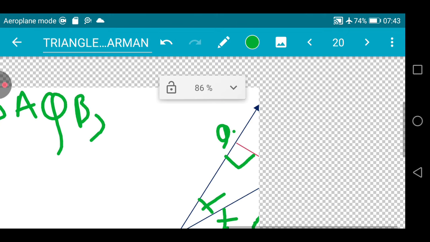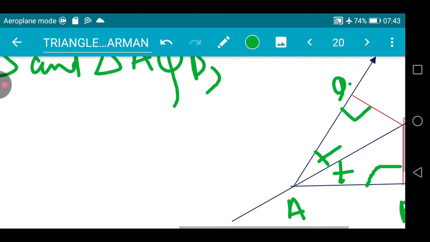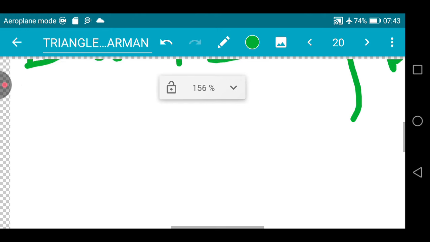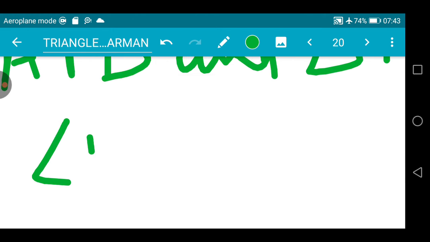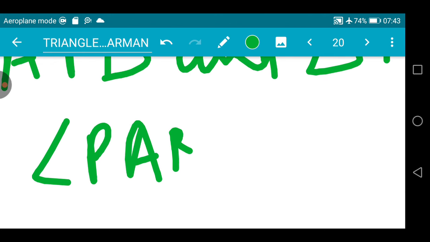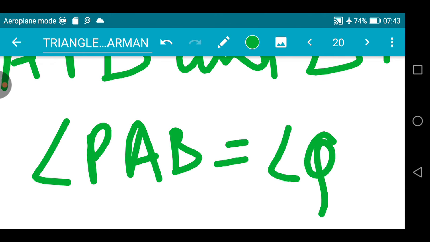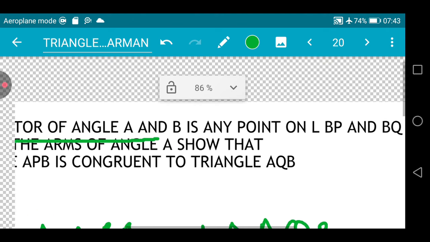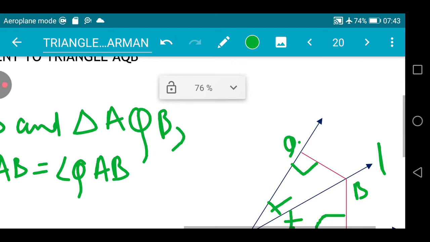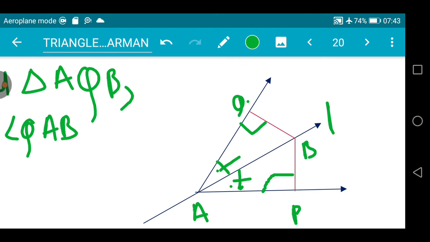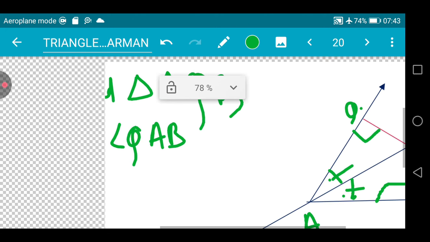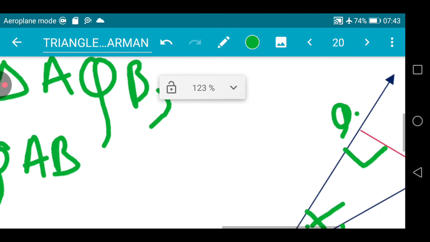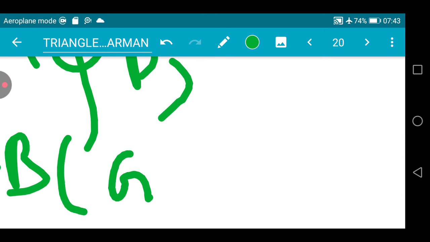Angle PAB is equal to angle QAB. It is given. How? AB is the bisector of angle A, so these will be equal. So it will be given.